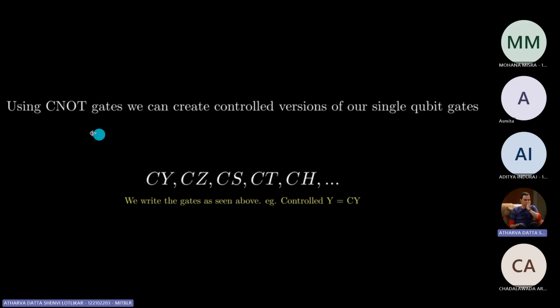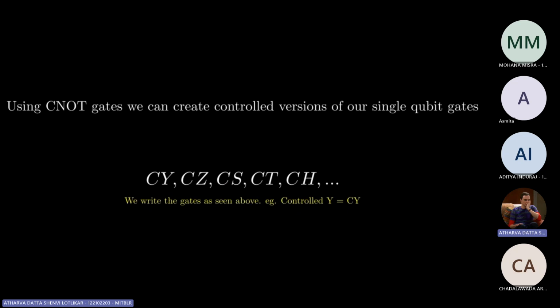The CNOT gate was dealing with the X gate or the NOT gate. Similarly, we can have controlled versions of multiple single qubit gates. That is your Y gate, Z gate, S gate, T gate, and even the H gate. These gates will only be functional if your control value is 1.